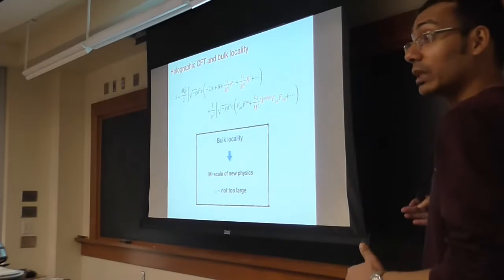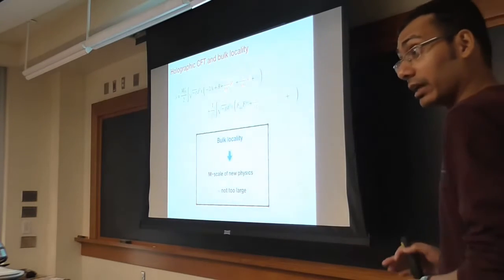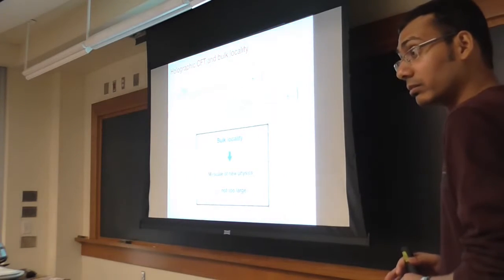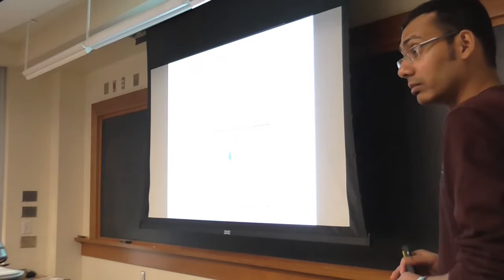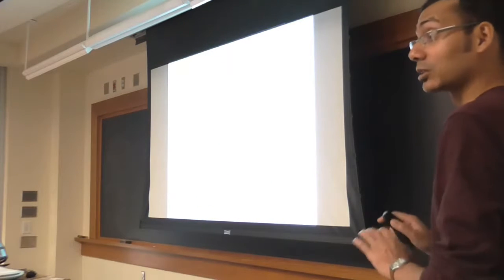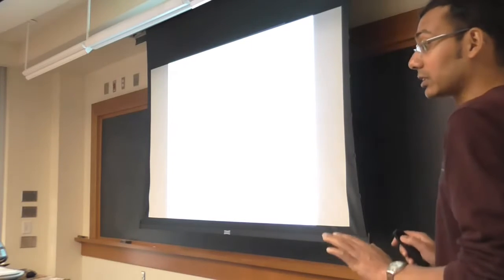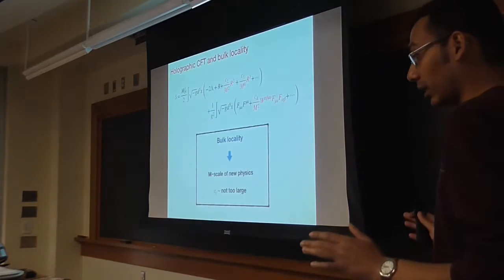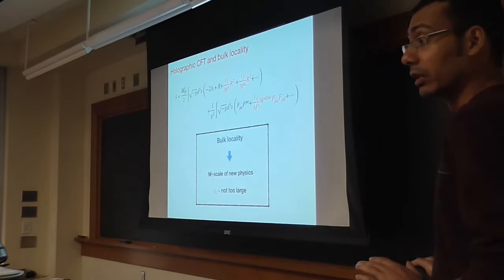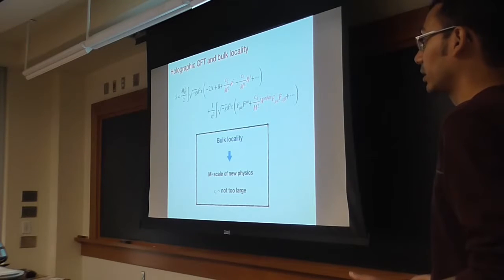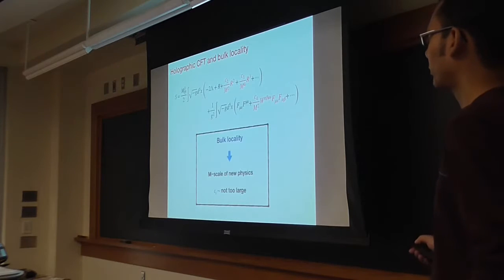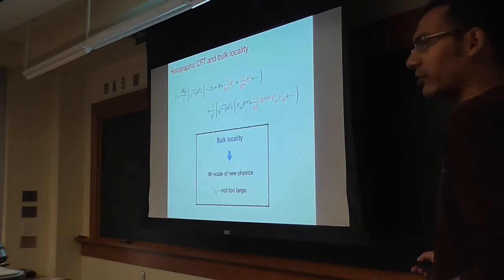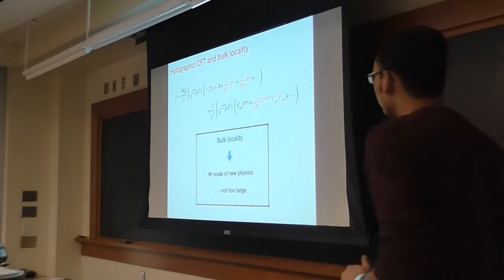So that cutoff will be some combination of M and M Planck, not just M. This is not saying that the derivative expansion is uncontrolled. Yeah, it's more than that. If you ask when the perturbation series is well behaved, you'll get a definite bound. The cutoff should be something like, I don't remember for 5D, the square root of M times M Planck, something like that.